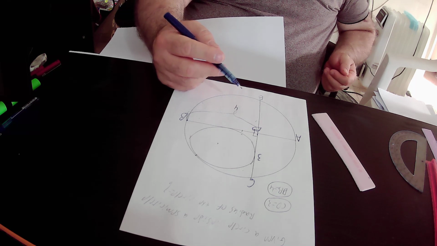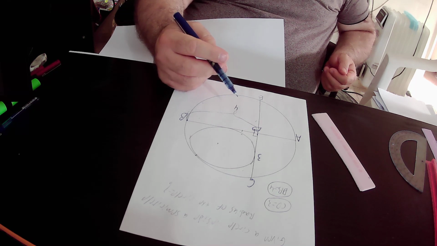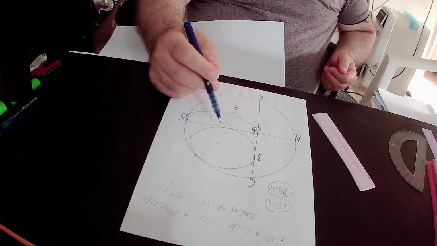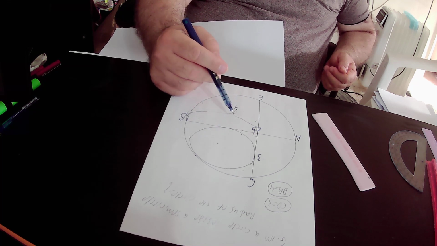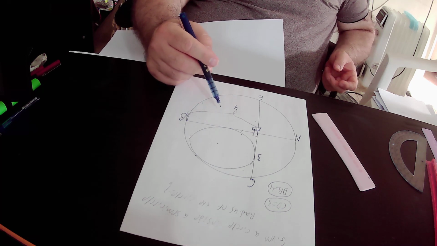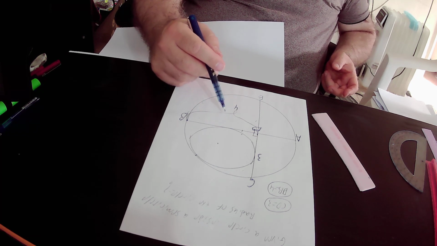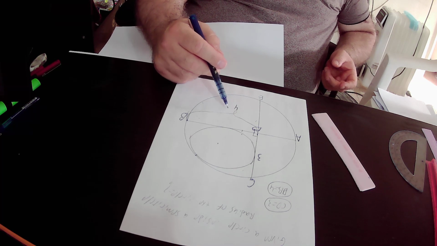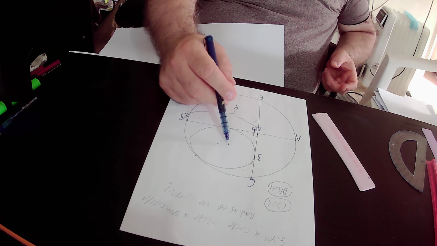And when we extended the semicircle, when we created a circle from the semicircle, we actually created a second semicircle. This semicircle that we created is a mirror image of the original semicircle.